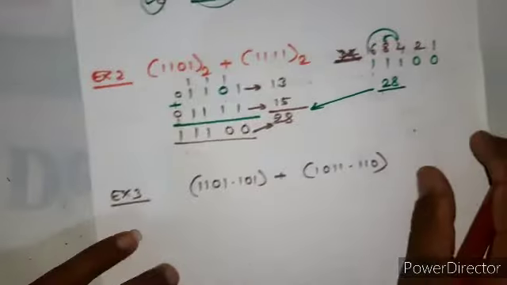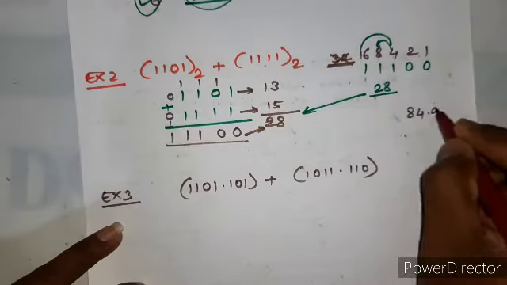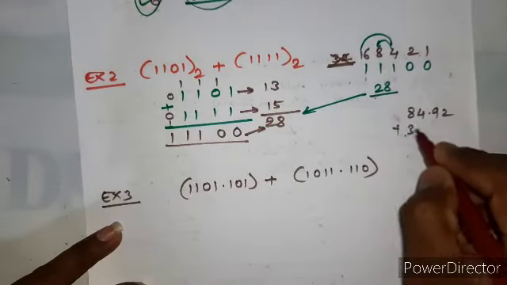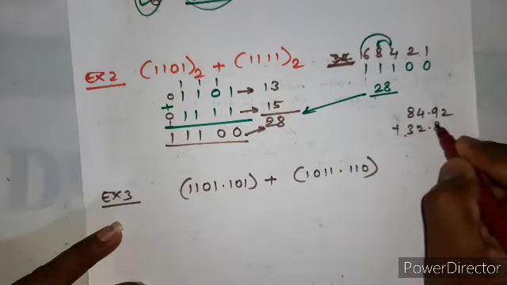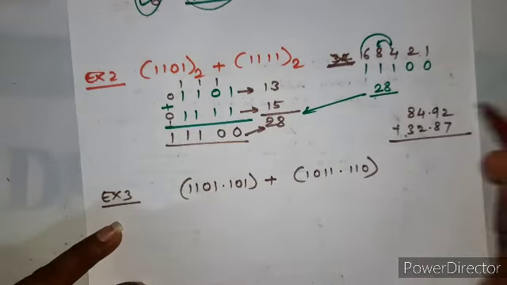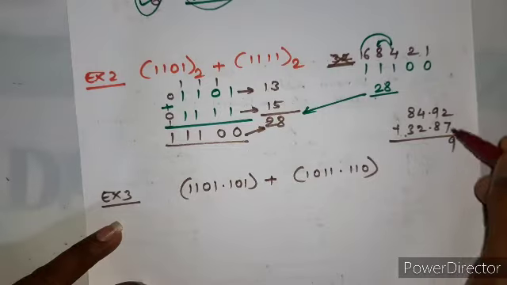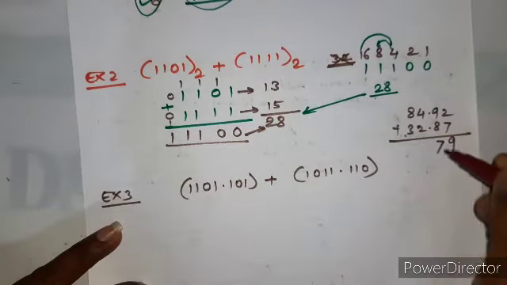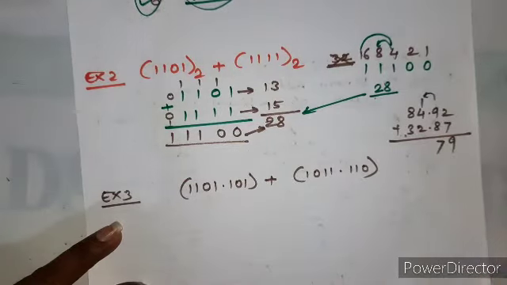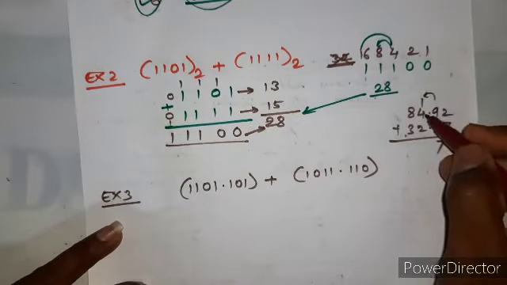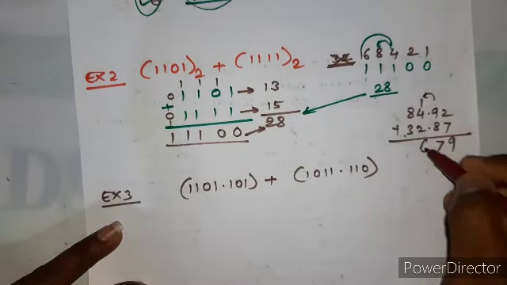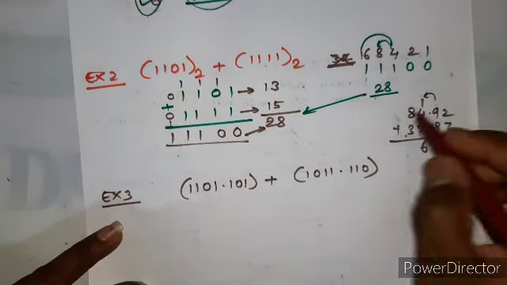Okay, this is like adding 84.92 plus 32.87. Okay, so this is 9 plus 8 is 17. Now here it is carry 1. Okay, now this is 5 and then this is 6. Okay, and this is 11.